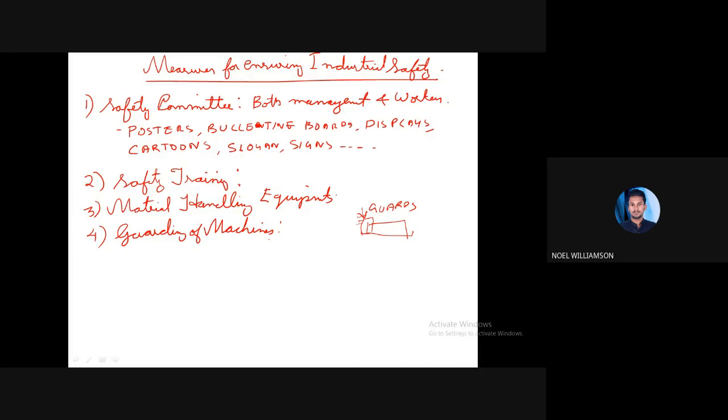So the safety guards should be designed or constructed and used to provide the protection and prevent the access to the danger zones. So there will be many danger zones in the machines.